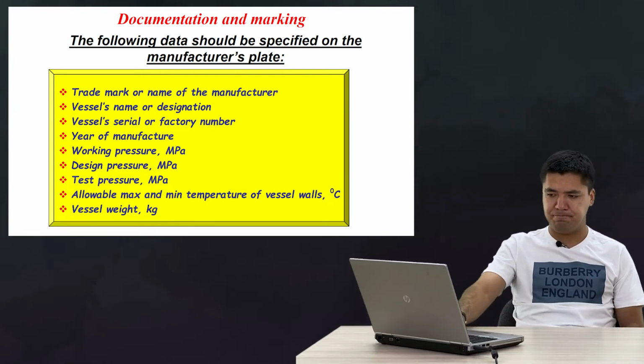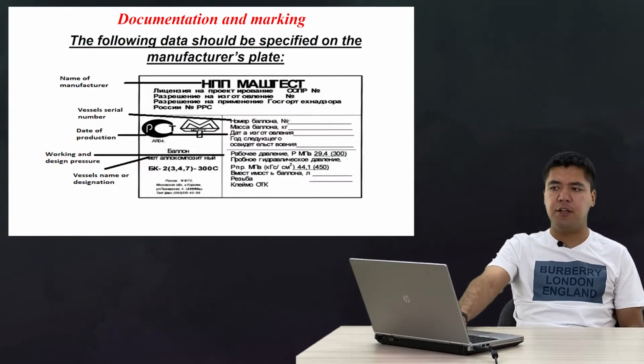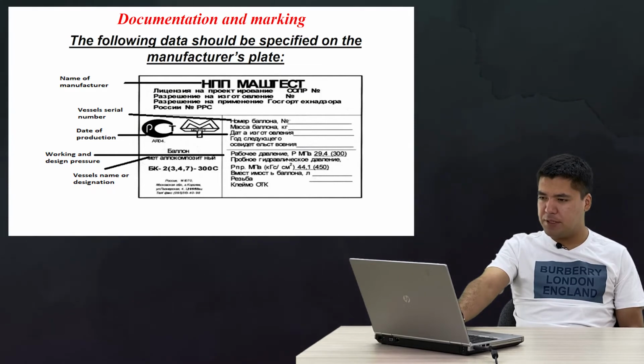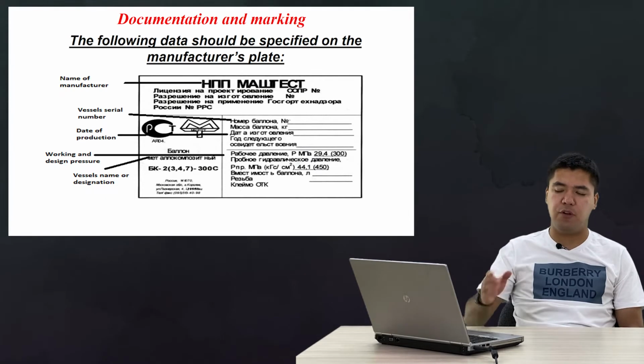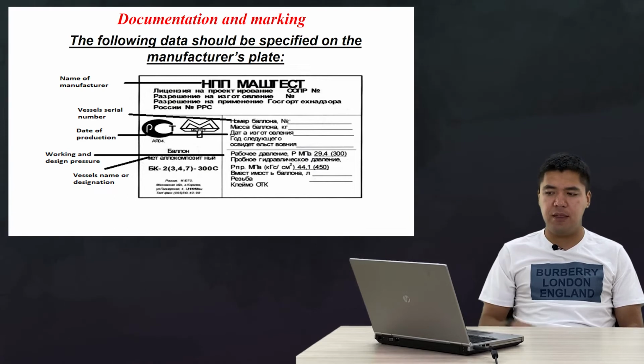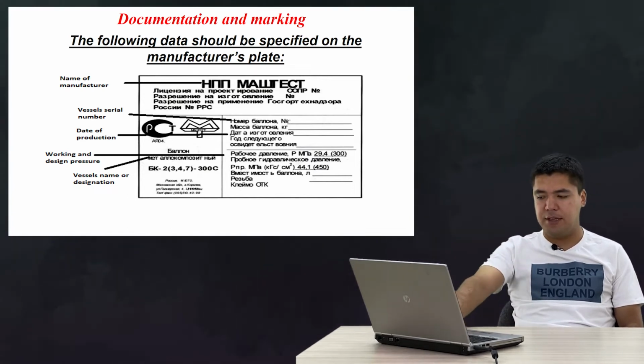The next example is a pressure vessel label. It's a pressure vessel label of a gas cylinder, and you see information like the name of the manufacturer, vessel serial number, date of production, working and design pressure, and the vessel's name or designation, and other details in this sample.